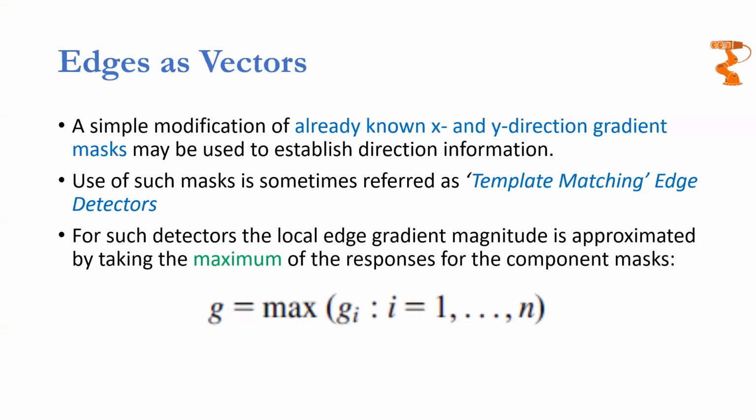Another is expert at detecting an edge at 45 degrees. Another is expert at detecting vertical edges. So you have a 0-degree edge detector, a 45-degree edge detector, a 90-degree edge detector, and a 135-degree edge detector.